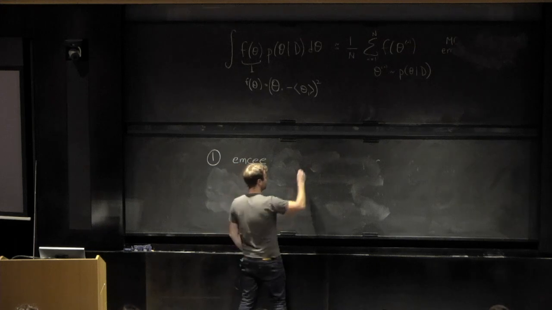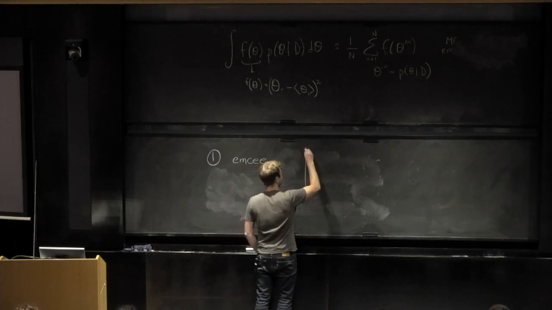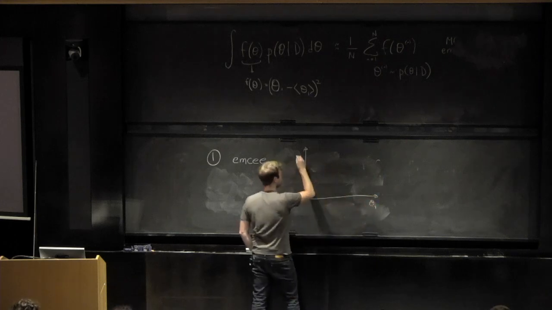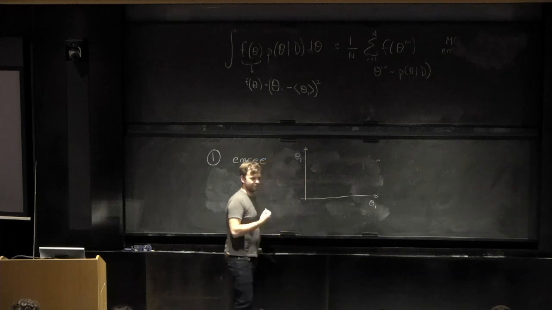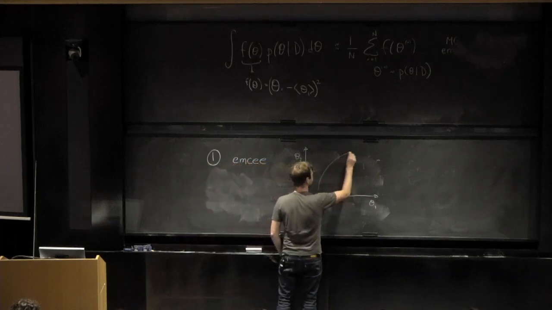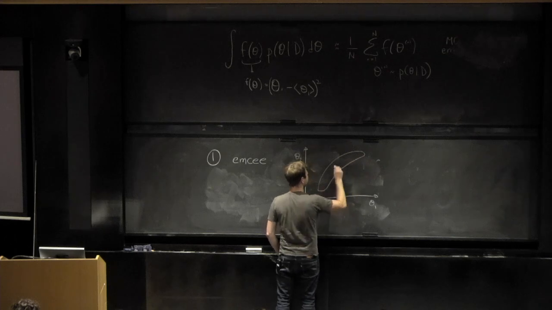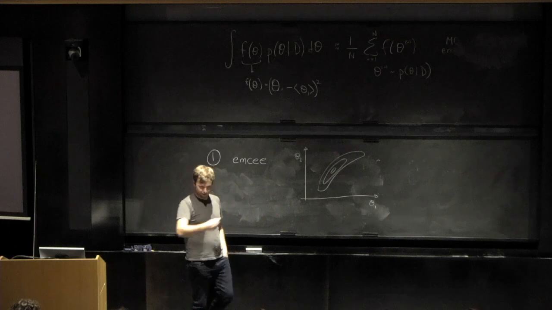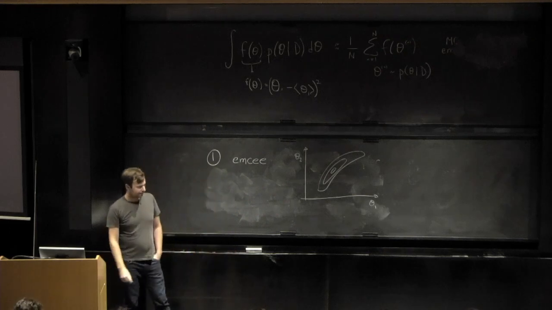That won't be true of everything that we talk about. But the basic idea with MC is, let's say we have some, say, two-dimensional parameter space. Our parameters are theta, and we have some posterior probability density here. I'm drawing contours to represent where that would be.